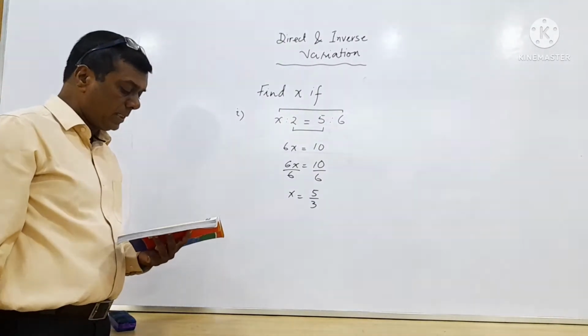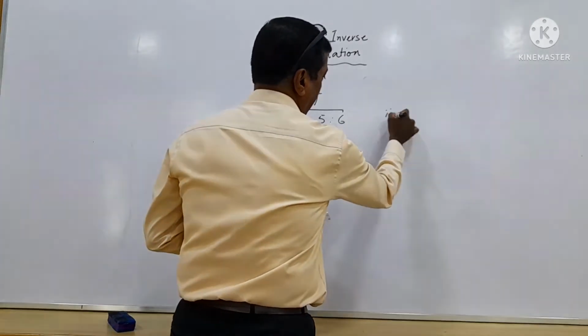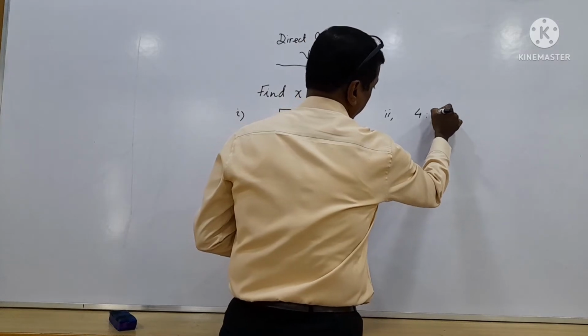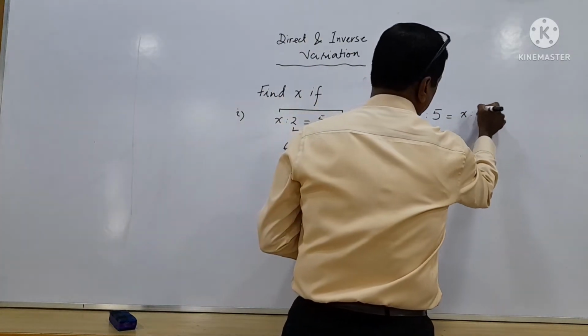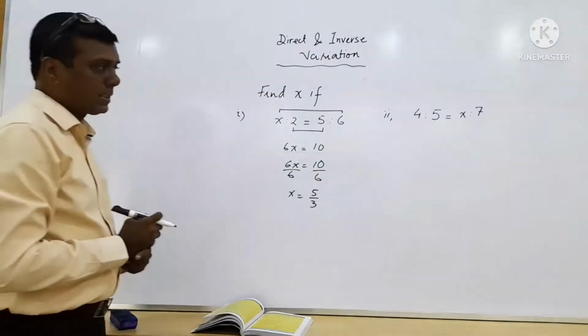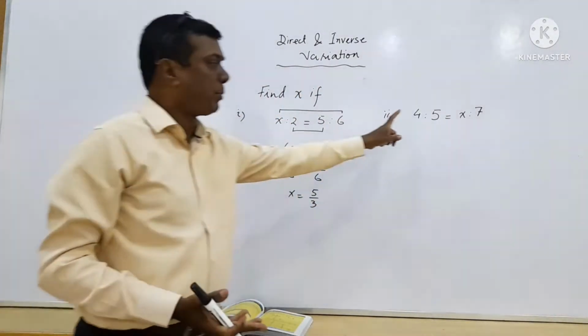And this is how I can find out my x value. Second example: if I have 4:5 equals x:7, and I have to find my x, I will use the same procedure I used here, the product of extremes.